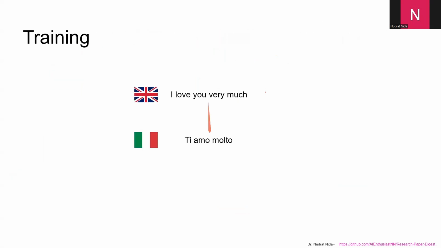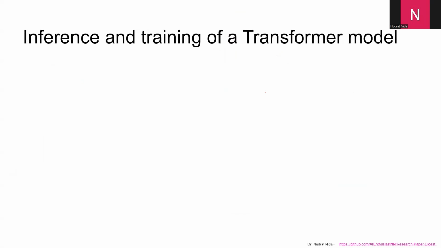So at inference time, let's see how the model will work. The model will train the encoder part using the embeddings received from query, key and value. After training, the decoder part will take the key and value.